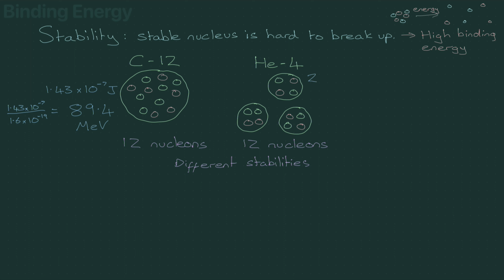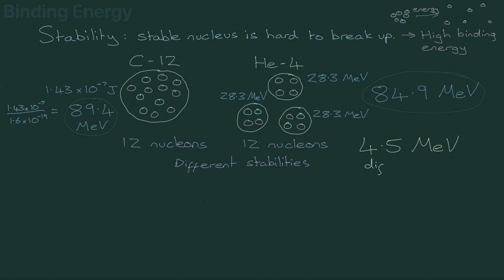Helium-4 has a binding energy of 28.3 mega electron volts, and we have 3 of them, so the total is 84.9 mega electron volts. That's a difference of 4.5 mega electron volts. Joining 3 helium-4 nuclei together to form carbon-12 would release 4.5 mega electron volts.